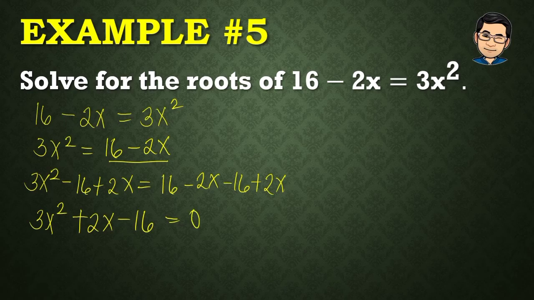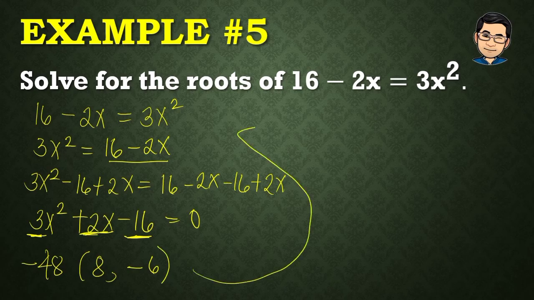Now, applying AC method, multiply 3 and negative 16. So, 3 times negative 16 is negative 48. So, ano mga factors ng negative 48 ang magbibigay ng sagot na a sum na 2? That is 8 tsaka negative 6. So, tuloy natin siya dito. Magiging x plus 8 tsaka x minus 6 equals 0.